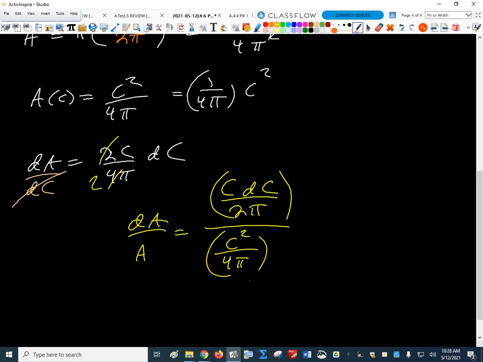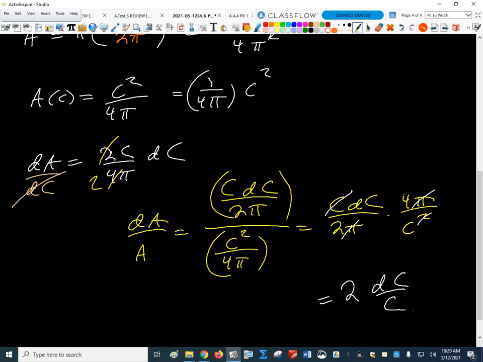We flip and multiply by the bottom, and we get c dc over 2 pi times 4 pi over c squared. And now all the magic happens, right? Now we get tons of cancellation. The pi's go away, we cancel a c, and once again we get a 4 over a 2 reduces to a 2 times dc over c. Well, look, we got a relationship here then. dA over A is equal to 2 dc over c.